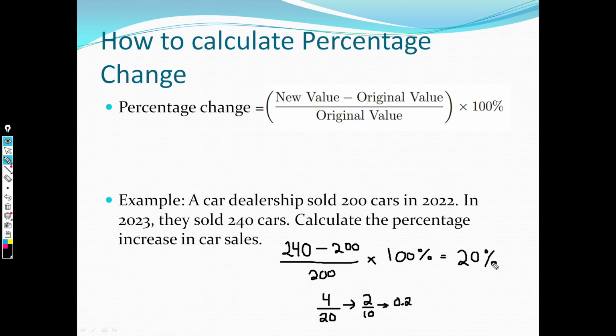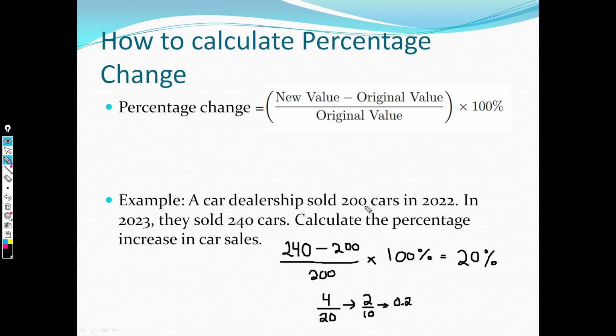So this is a 20% increase from 200, and that makes sense. If I look at 200 cars and I increase this value by 20%, I know that 10% of 200 is 20.